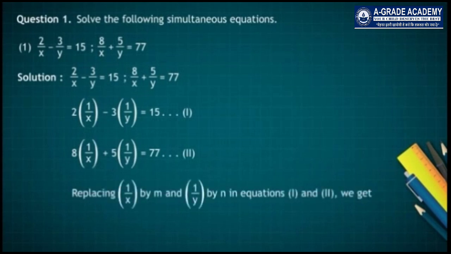Replacing 1/x by m and 1/y by n in equations 1 and 2, we get 2m - 3n = 15. This is our equation number 3. 8m + 5n = 77. This is our equation number 4.